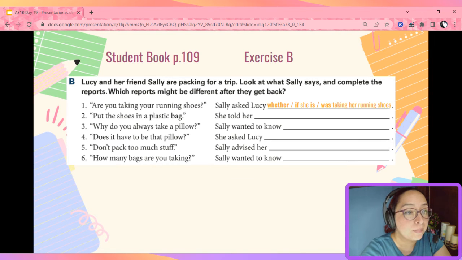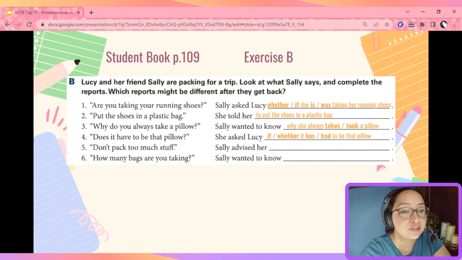Let's see. Put the shoes in a plastic bag. She told her to put the shoes in a plastic bag. Why do you always take a pillow? She wanted to know why she always takes or took a pillow. Once again, it depends on if the trip has not happened or if they already went on the trip. Does it have to be that pillow? She asked Lucy if or whether it has or had to be that pillow.